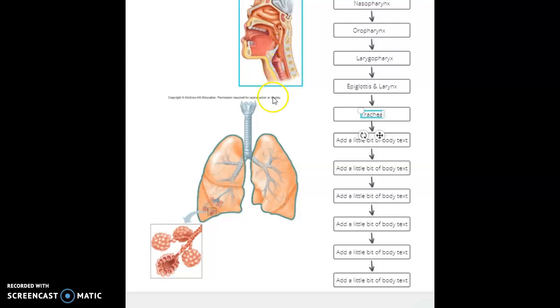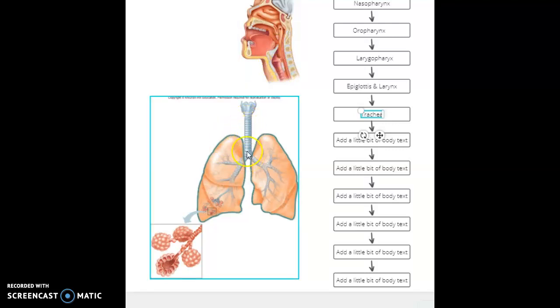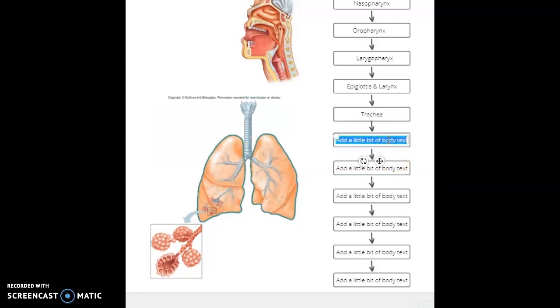So this portion here, but you can see it's a nice long tube with those C-shaped cartilage rings. And as it enters the chest cavity, it is going to split once, into two divisions. One into the right lung and one into the left lung, and we call that very first split the primary bronchi, and the word primary refers to one.